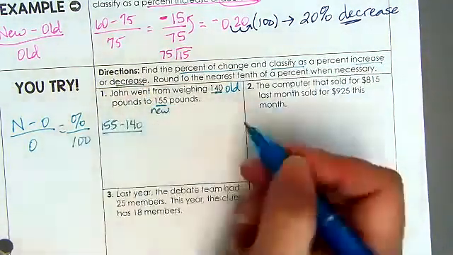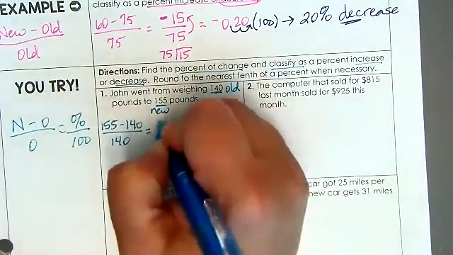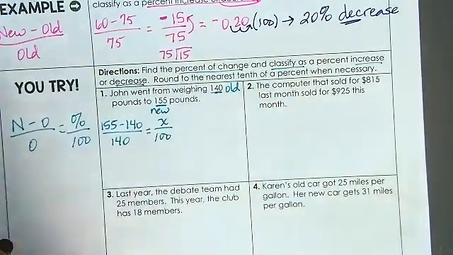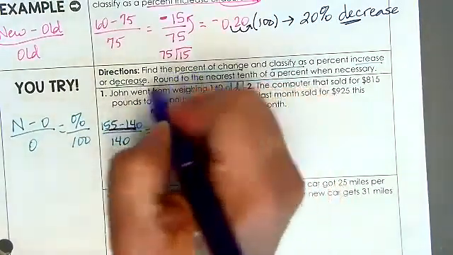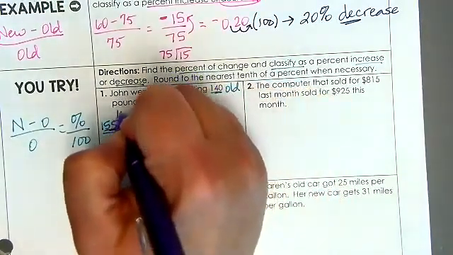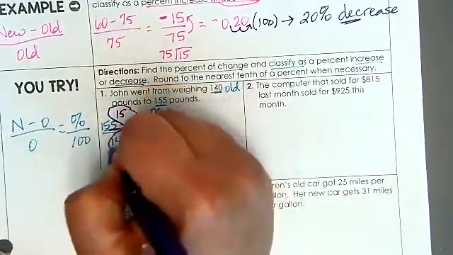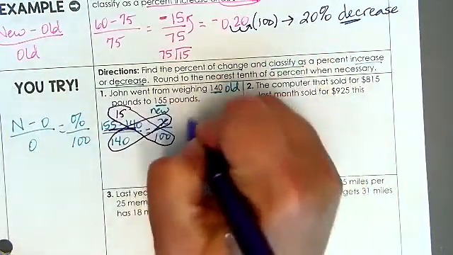Divided by the old, which is 140, equals x over 100. Now I'm going to simplify this, which gives me 15, and I'm going to multiply diagonally.